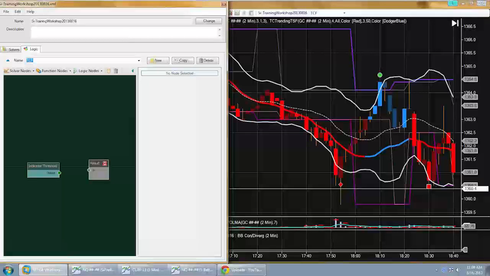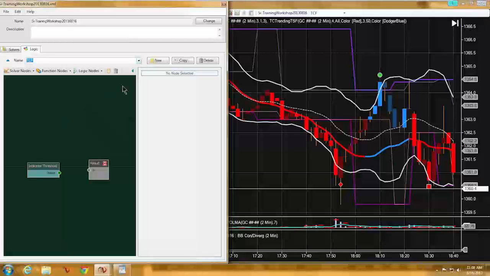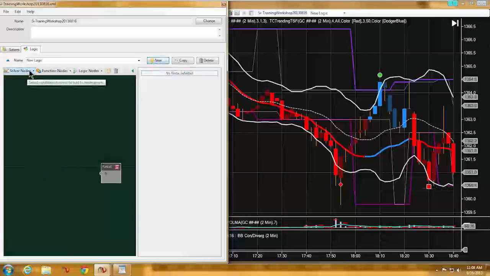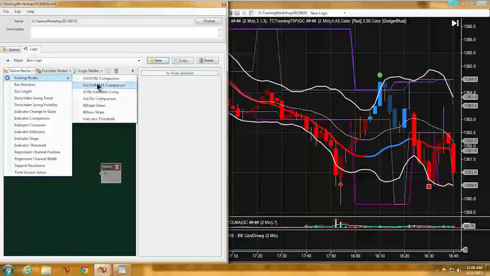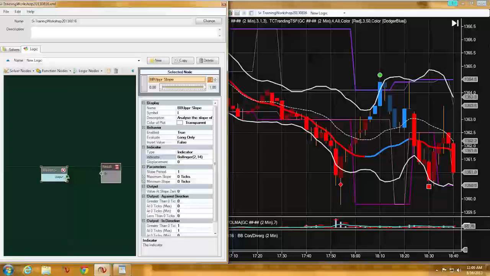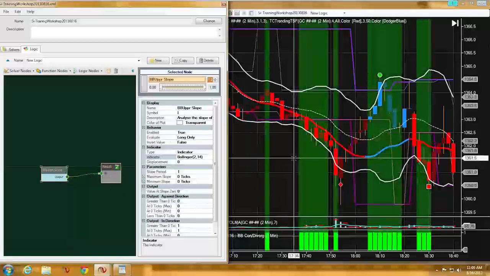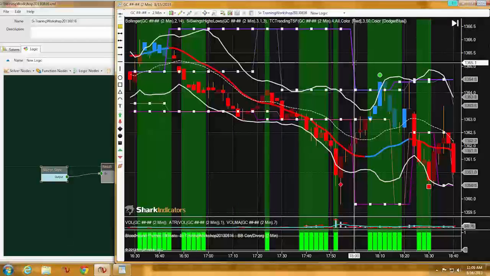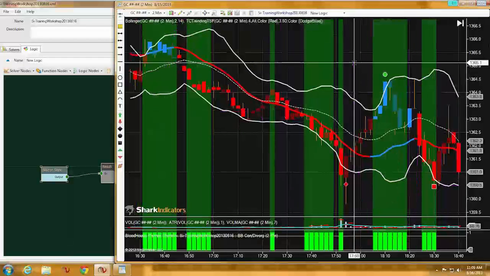Let me back this up, and I'm going to make another new logic here and drop one of the existing solvers on here. Okay, great. So we'll use this, and let me get rid of that.